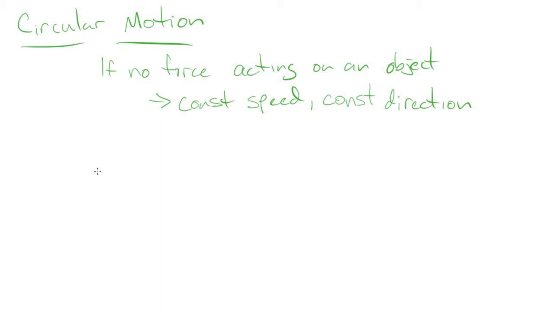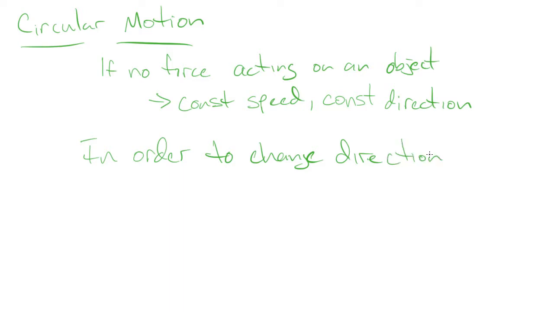In order to change direction, if you have an object that's changing direction, you have to accelerate. And if you're accelerating, then there must be a net force acting on the object.